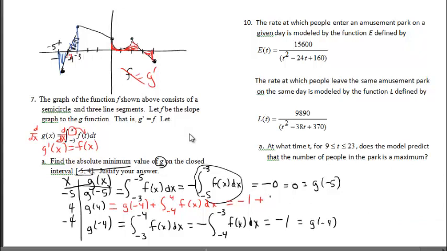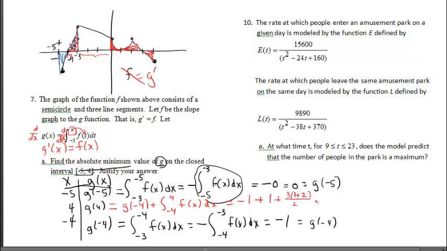All right, so g of -4 was -1, so from -4 to -3, that's 1 plus, this is a trapezoid, here are the bases, and the height between the two bases is 3. I have a base of 1 and a base of 2.